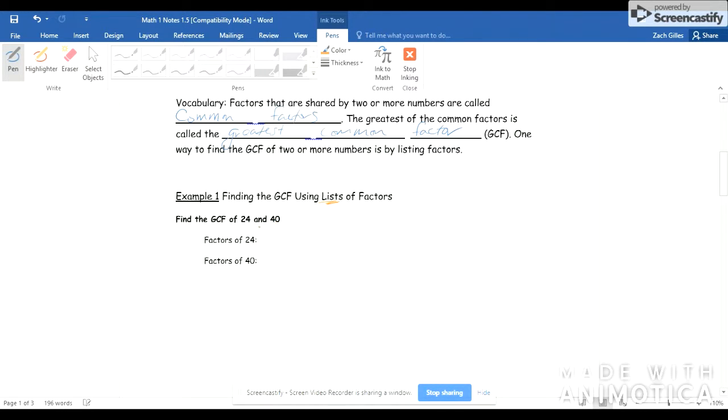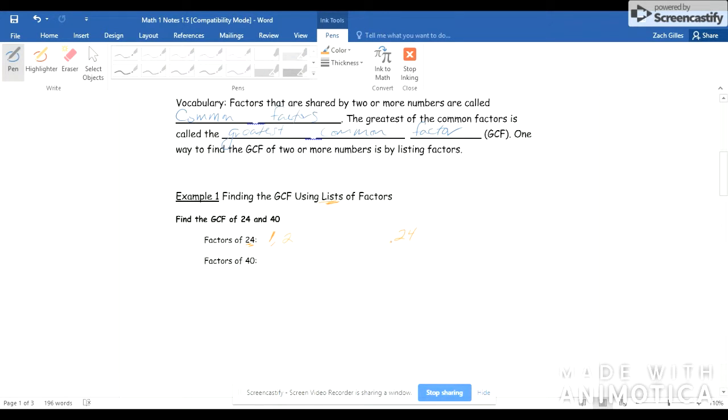So if you were to see this on your homework, use a list, make factors of 24 first and factors of 40. Remember, the factors of numbers are the numbers that multiply to get to this number. So I like to start with 1 and itself. So 1 times 24 would give me 24. Okay, then I just go on down the line. 2, is 2 a factor? Well, yeah, because 24 is even.